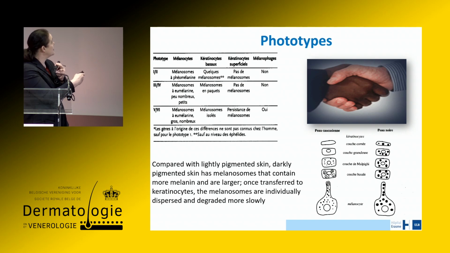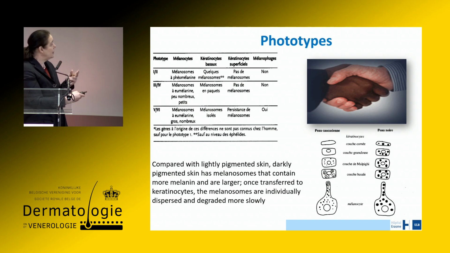Within the keratinocytes from the basal layer, you have few melanosomes, and then nearly none. And when you go through the phototypes, you see that the melanosome persists in dark skin until the corneal layer and gives pigmentation to the skin.